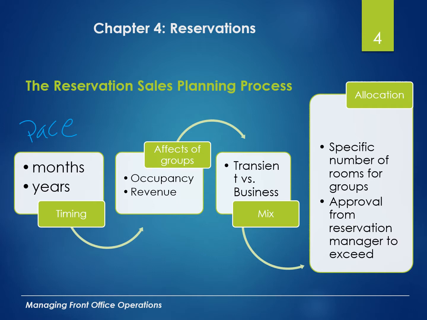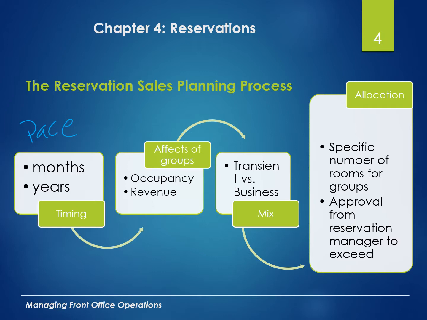So obviously in the summertime we might have more transient, less business. During the school year we might have during the week more business and less transient, and vice versa on the weekends. But working with the reservations manager, the director of sales will identify what is their allocation, what is their specific number of rooms they're allowed to sell for groups.